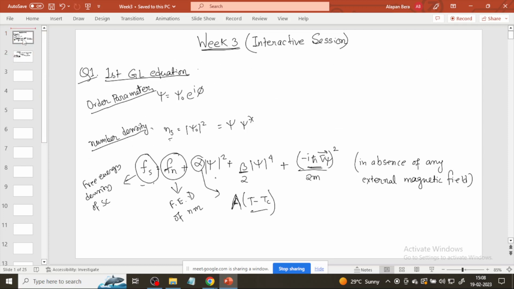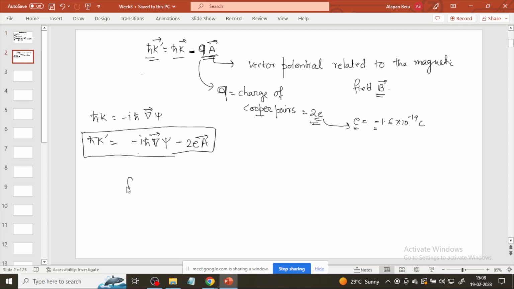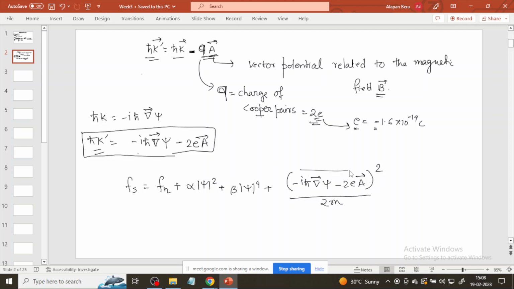So it was like Fs, that is the free energy density of the superconducting state, is equal to Fn, the free energy density of the normal state, plus alpha |psi|^2 plus beta |psi|^4 plus this kinetic energy term, which is minus iħ, so this total ħ²k² goes into this.